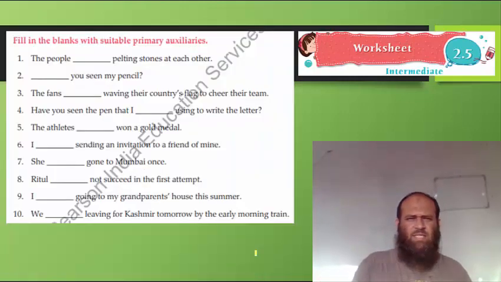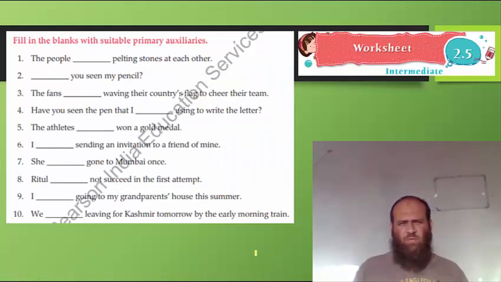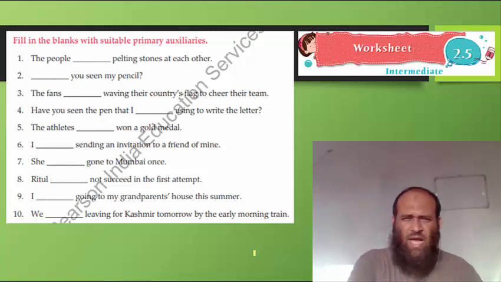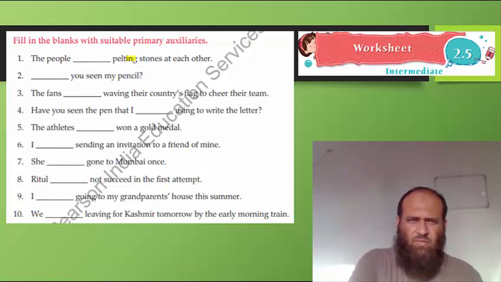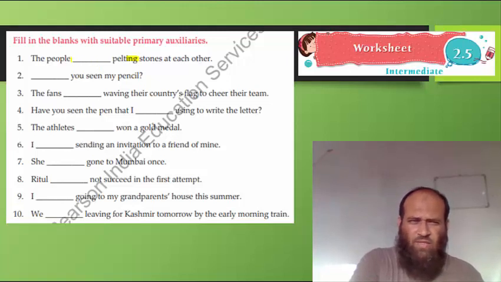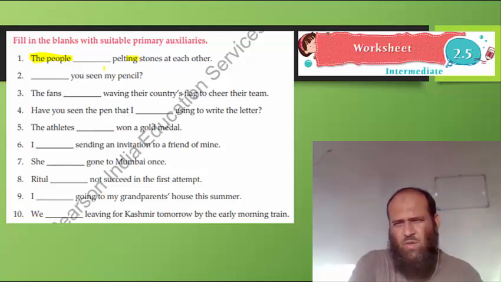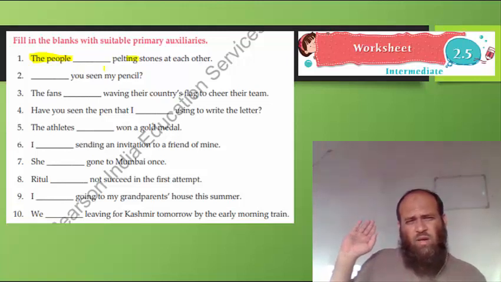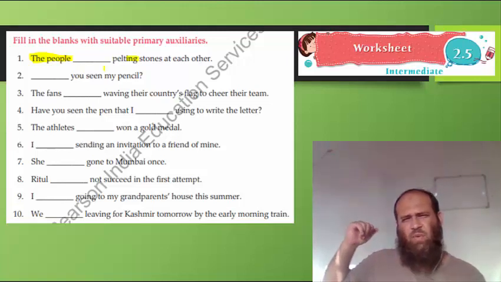Let's see some examples. The first one: the people pelting stones at each other. Pelting, we have the ing form here. Now with the ing form, what should I use? You can use any form of be. But with the people being plural, you can use are pelting stones if you want to say right now, or were pelting stones if you want to say in the past.